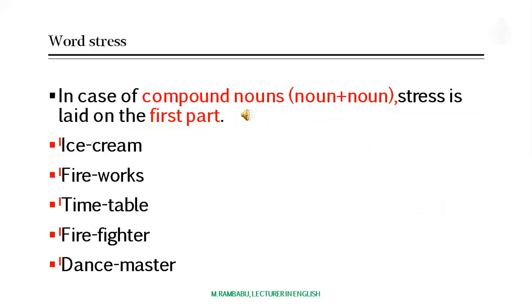In case of compound nouns, noun plus noun, compound words are formed in different ways. Stress is laid on the first syllable, it means the first part. These words are made up of two nouns. Ice cream has two nouns, ice and cream.